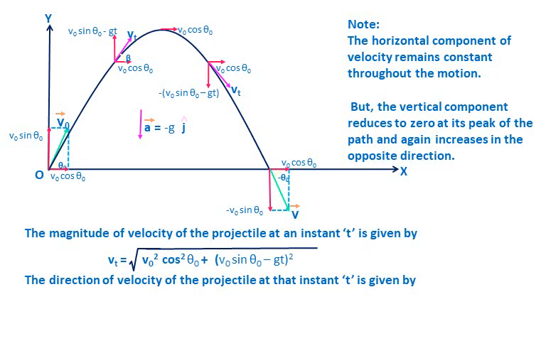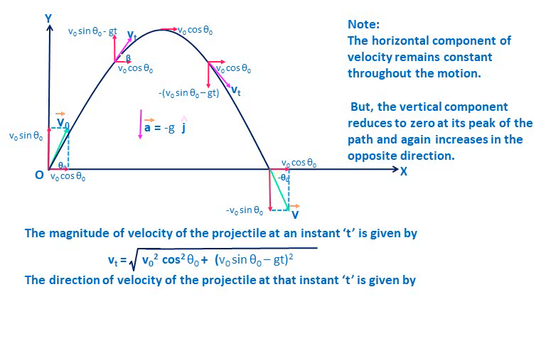And the magnitude of the velocity of the projectile at any instant will be the square root of v0 cos theta naught whole square plus v0 sin theta naught minus gt whole square, by using the parallelogram law of vector addition.